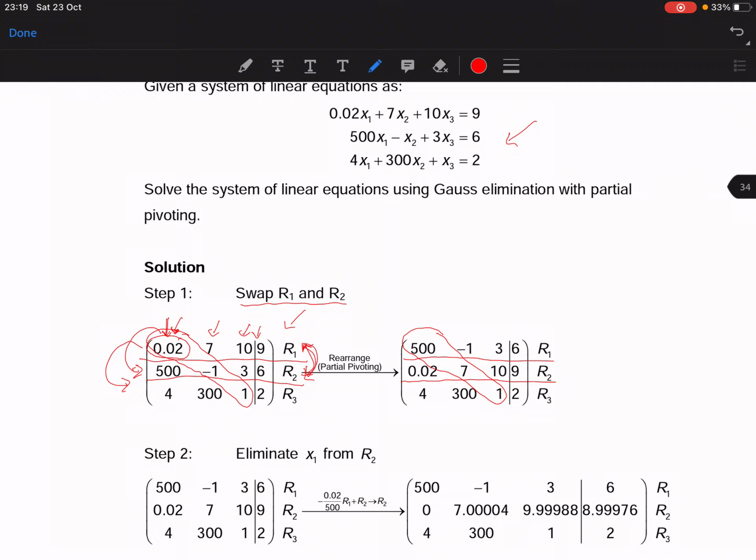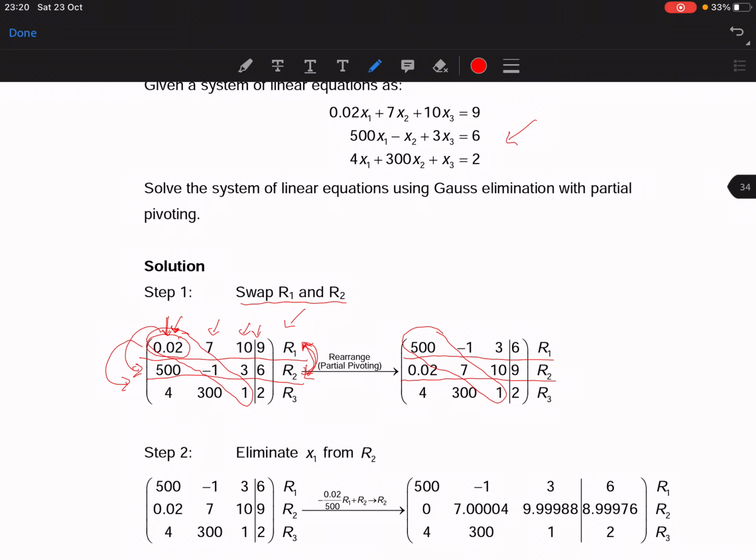Now all of our diagonal elements do not contain zero. Next we need to eliminate anything below the diagonal to become zero. Because this is a bit messy, it has now been transferred to this.